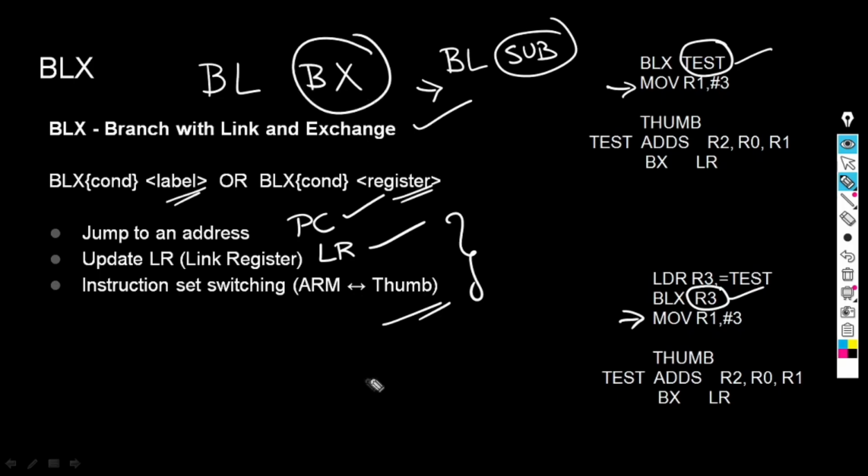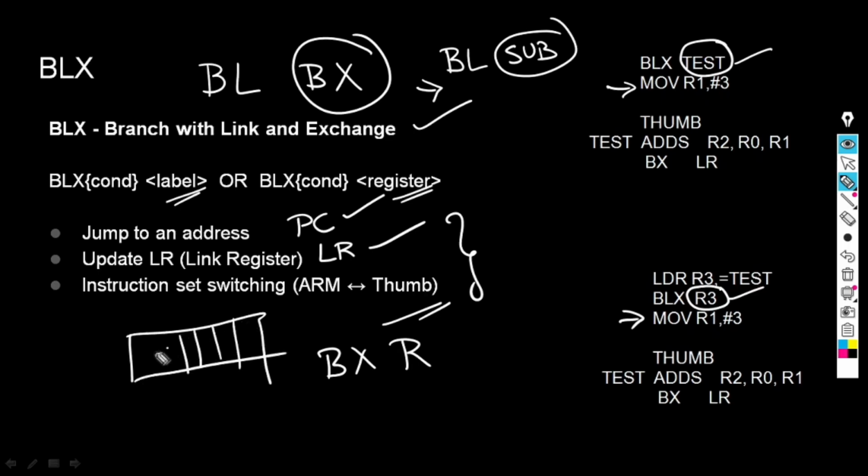We know whenever we write BX followed by a register, one thing we always noted is, if this is your register with a total of 32 bits, 0 to 31, whenever the return is carried out after executing the subroutine, the CPU checks the LSB and based on that it will switch the execution state to either ARM mode or thumb mode.